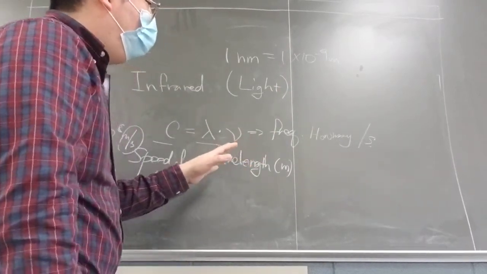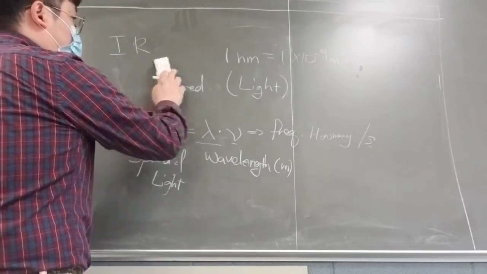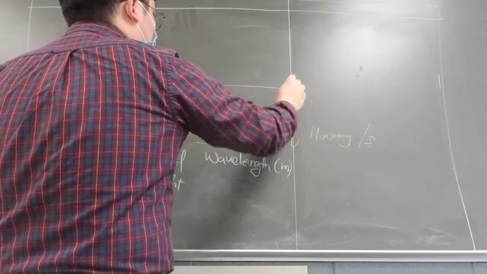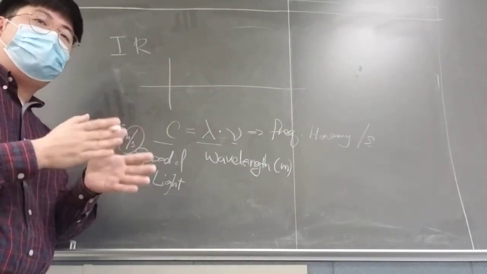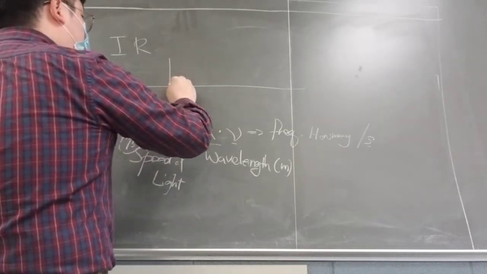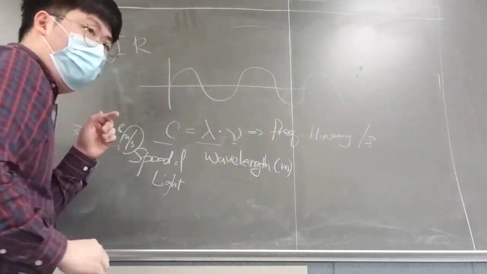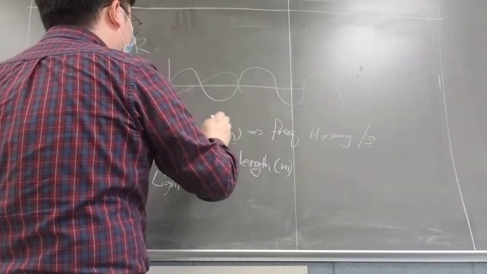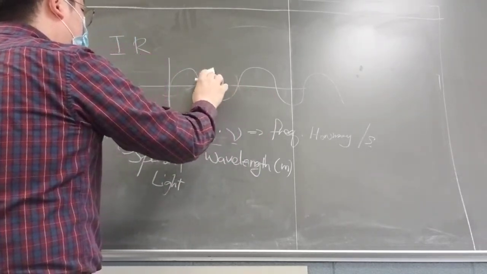So simply what it really tells you is, if you look at the light, as you know, light is simply electromagnetic radiation. They're going to have an oscillation of the magnetic field and electric field. So this means they're going to have a type of wave generated as they travel through space.